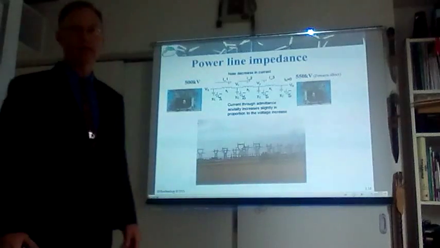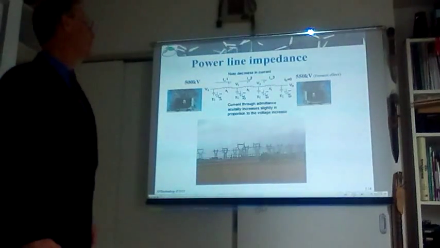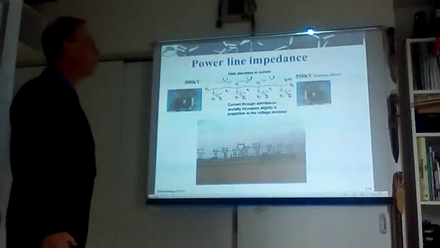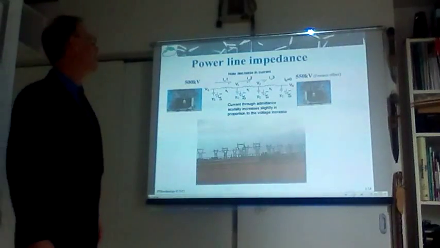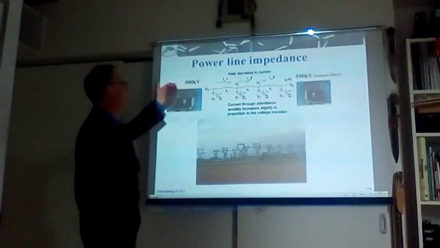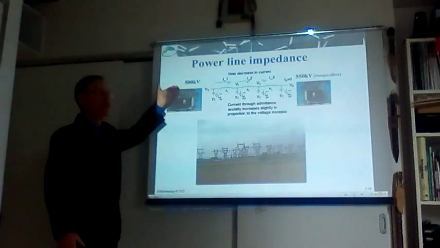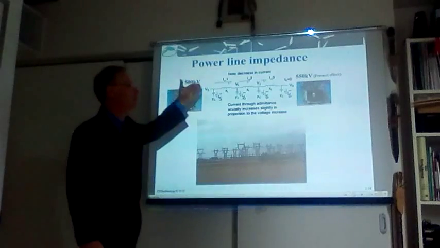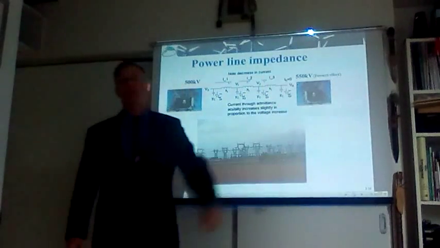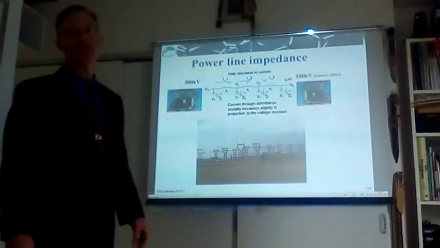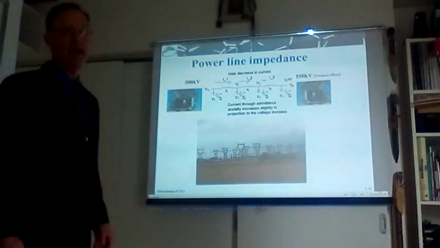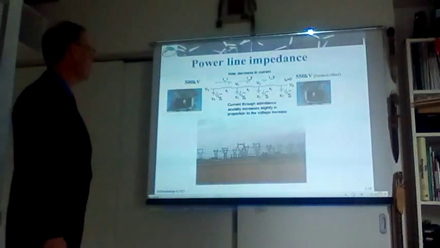Many problems apply, and they are supposed to be taken into account in a transmission line, including the fact that when it starts it might be, for example, 500 kV, and when you end you will get something like 550 kV. This is due to the Ferranti effect.